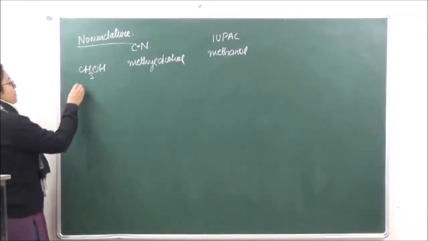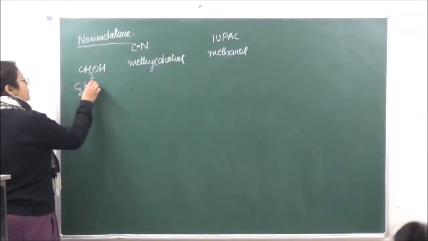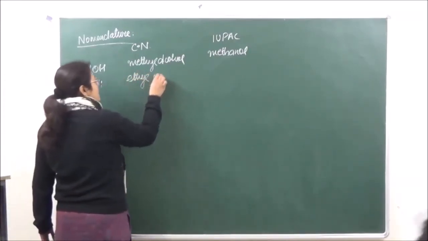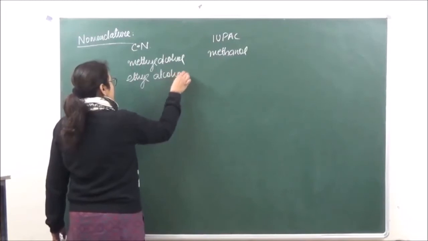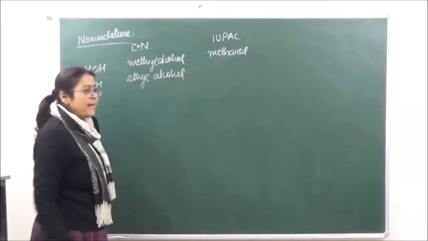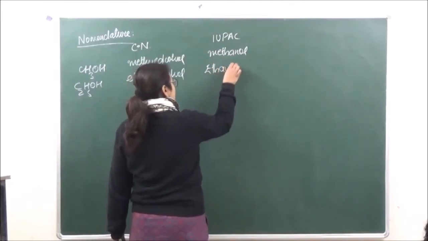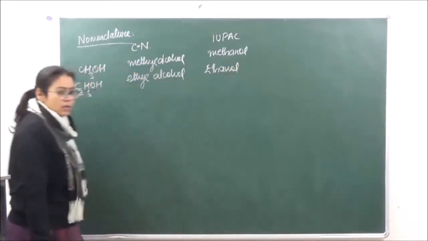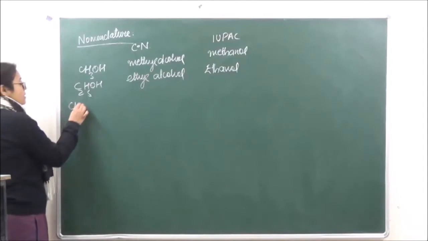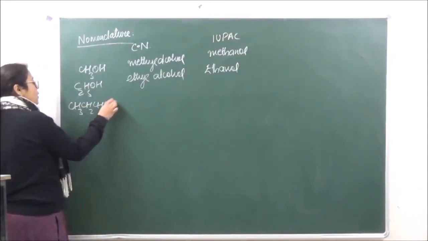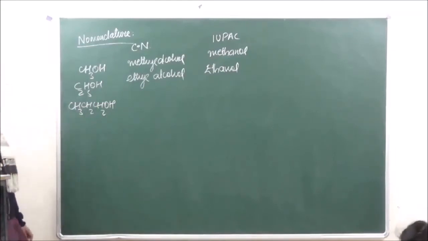In a similar manner, we have C2H5OH, which is known as ethyl alcohol, right? And the IUPAC name is ethanol. Then we have CH3CH2CH2OH. Now over here, this may be written in different forms.